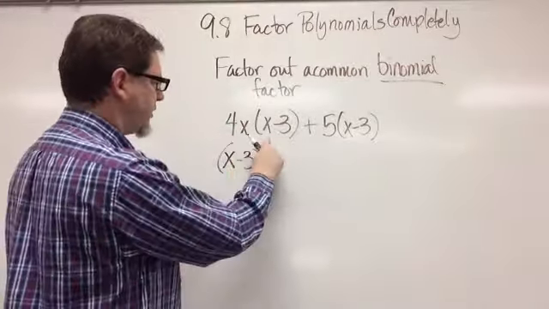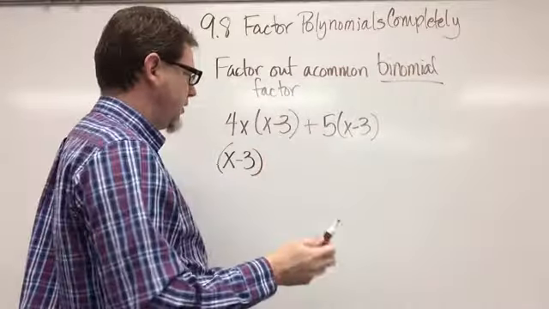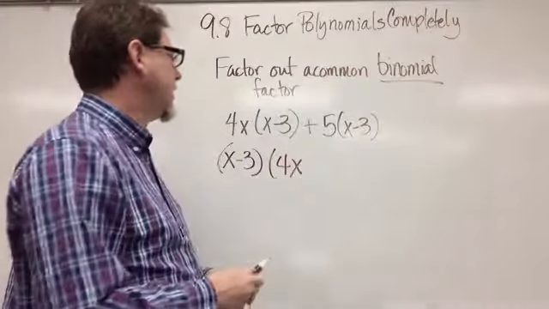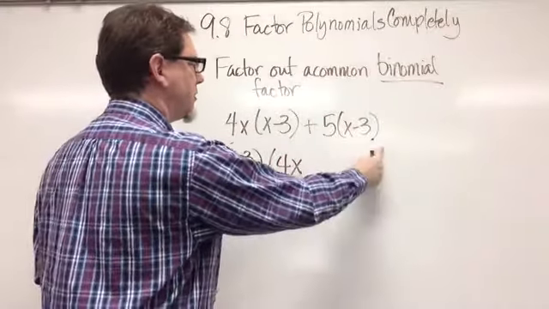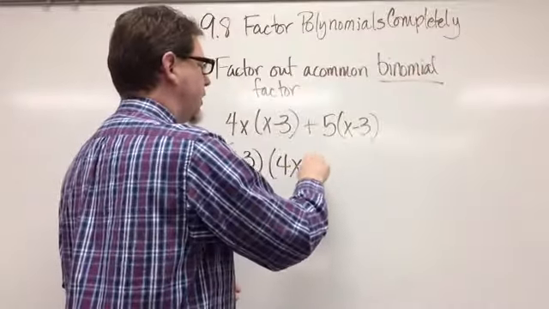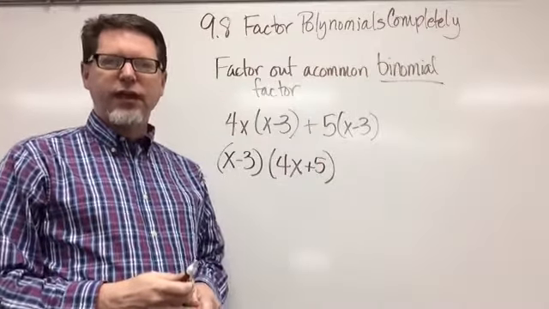If I do 4x times the quantity of x minus 3 divided by x minus 3, all I'm left with is 4x. And then if I do 5 times the quantity of x minus 3 divided by x minus 3, all I'm left with is positive 5. So there are my two binomial factors.